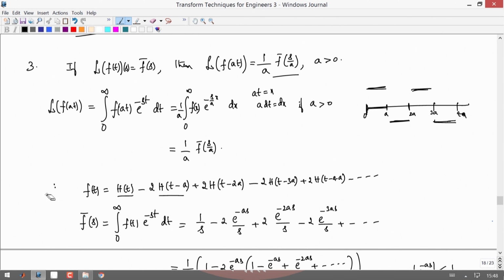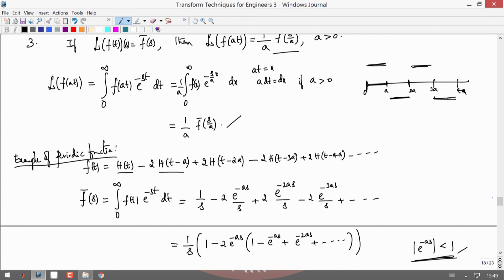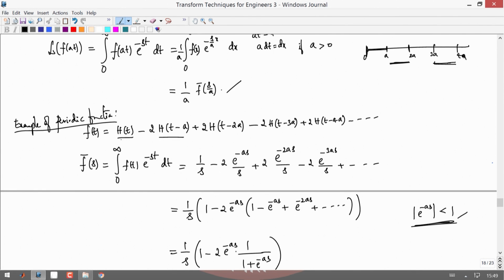This is a general example, an example of a periodic function. This is not actually an application of this property. We do not need to scale here, so if you calculate directly, you end up getting this one.